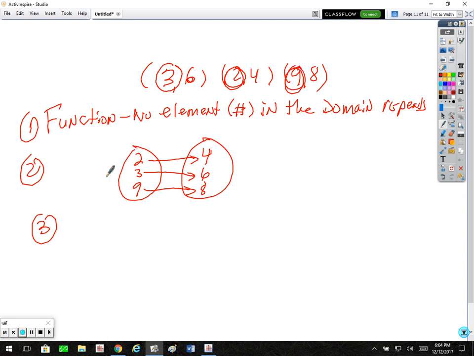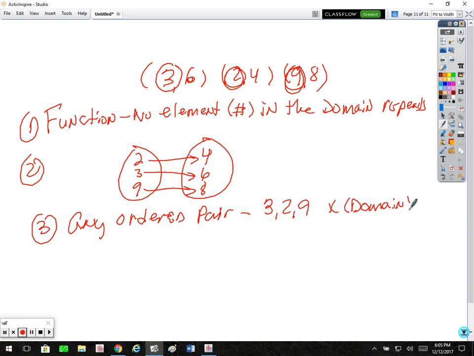So any ordered pair, as long as you do not use 3, 2, or 9 as the x value or as the domain, anything other than those three numbers would give me another number that makes this stay a function. So I could use something like 100.